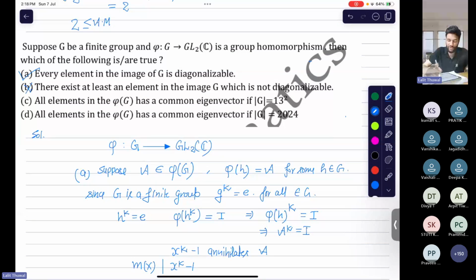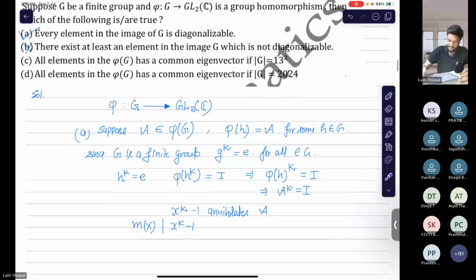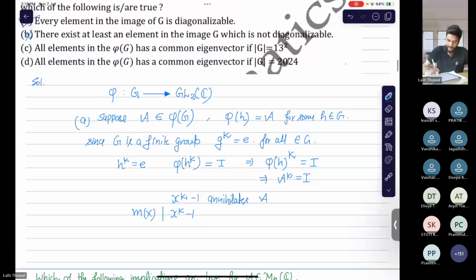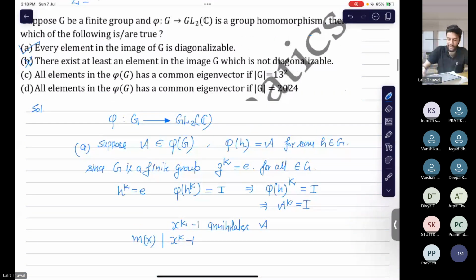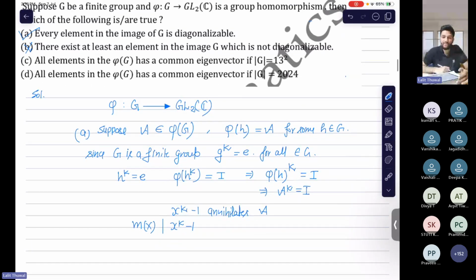For the third and fourth, I will leave an exercise for you: suppose you have a finite set of commuting matrices, then prove that they have a common eigenvector over C. Then solve options C and D. So let me leave it as an exercise. Any question? Otherwise, I move to the next question.